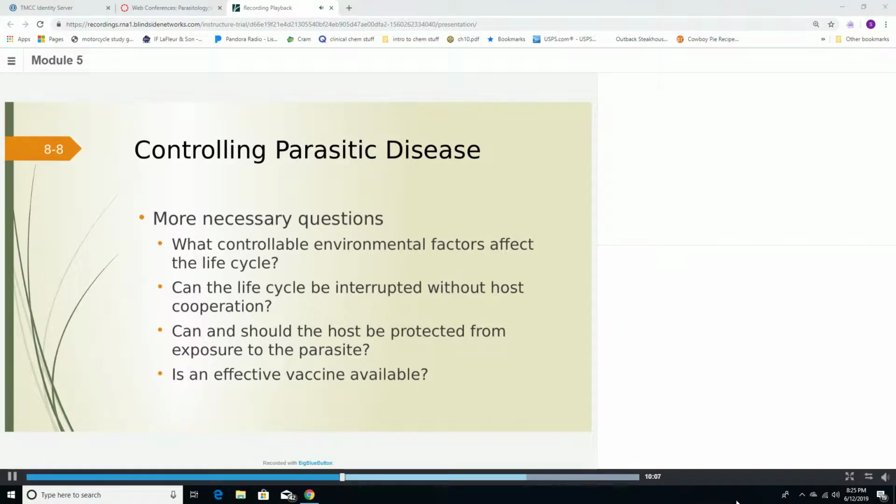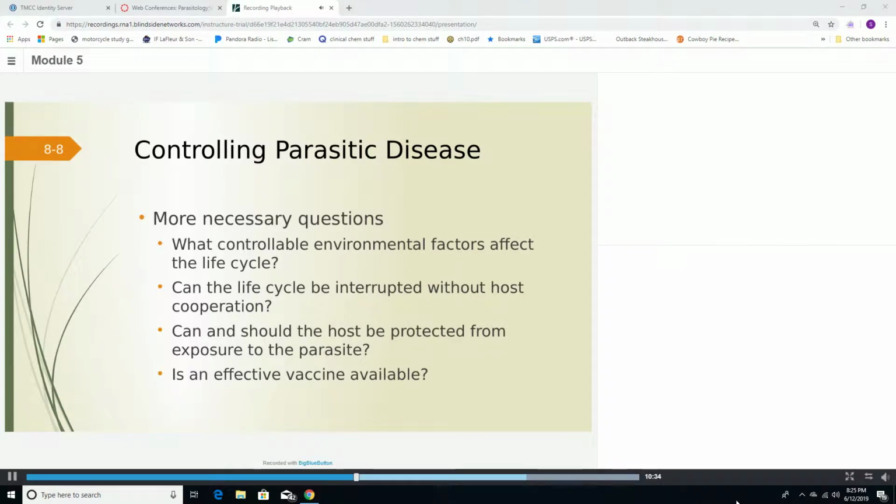An example of this would be if we can get rid of the mosquitoes that are helping these organisms reproduce inside the mosquitoes so they can become the infective stage once they're introduced to a host, us as humans. If we disrupt the life cycle and get rid of the mosquitoes, what happens to that parasitic infection? Does it go away? Does that parasite stop causing disease?